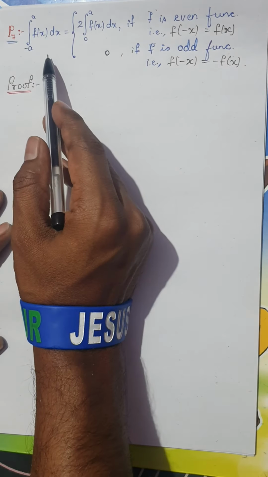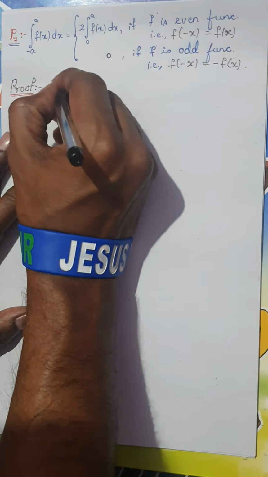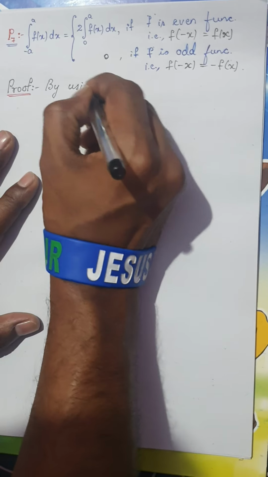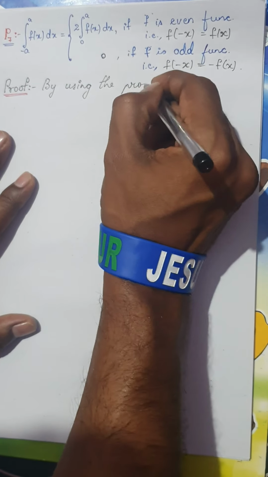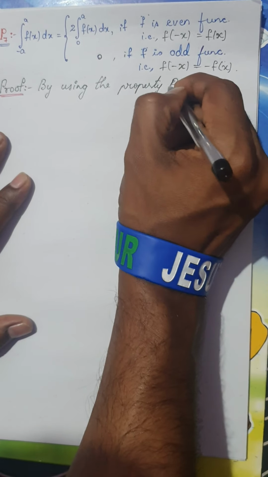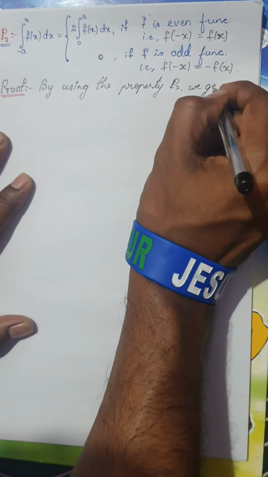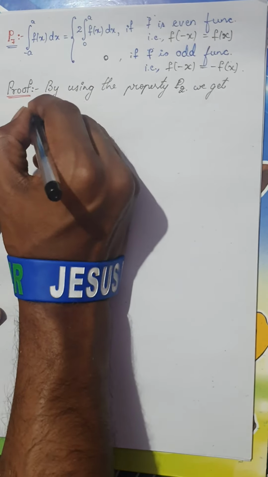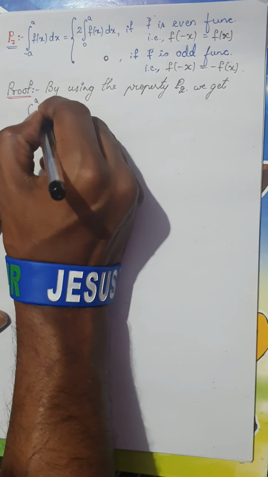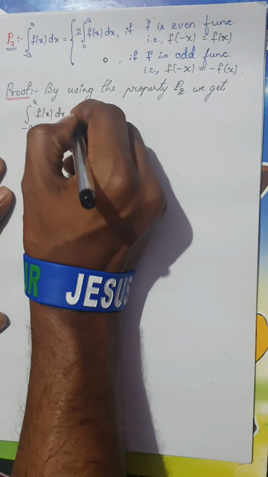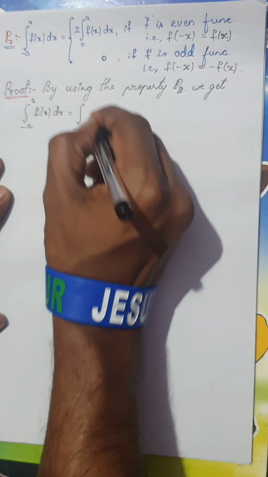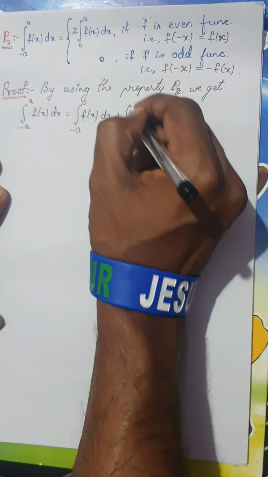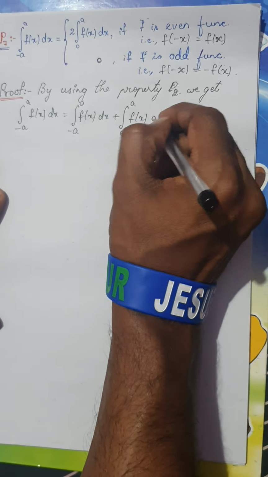So I have taken down the property which I am supposed to prove. I am going to prove it by starting with the property P2. Using P2, the integral from minus a to a of f of x dx can be written as the integral from minus a to 0 of f of x dx plus the integral from 0 to a of f of x dx.